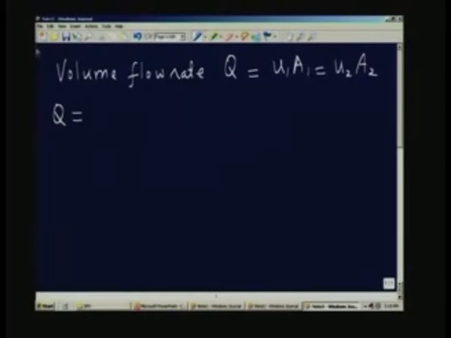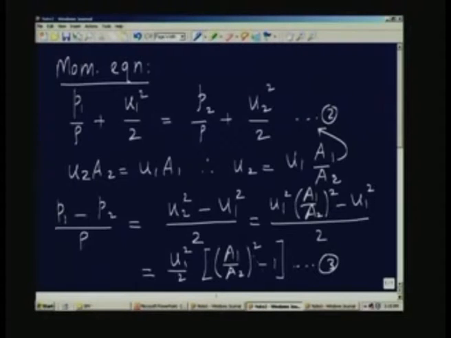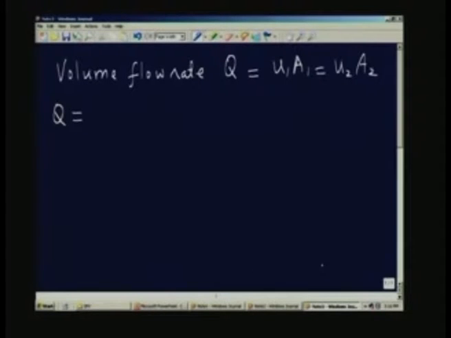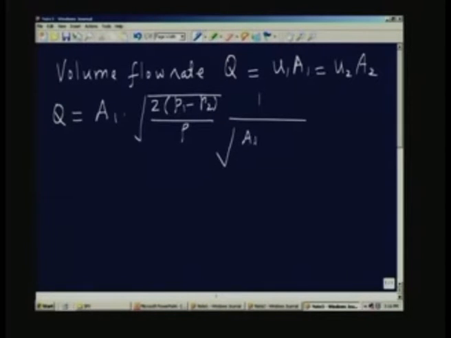If you go back to the previous, you can see here U1 from equation 3; I can solve for U1 in terms of the other quantities and substitute to get A1 multiplied by U1, which is nothing but the square root of 2 into (P1 minus P2) by rho, from equation number 3, multiplied by 1 over the square root of (A1 divided by A2) whole squared minus 1.